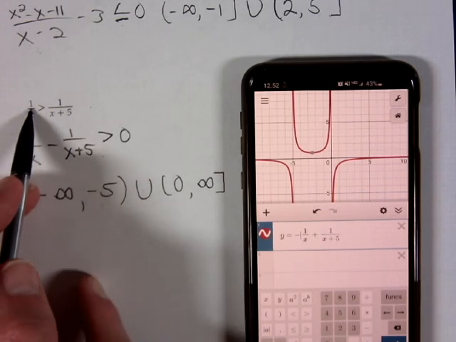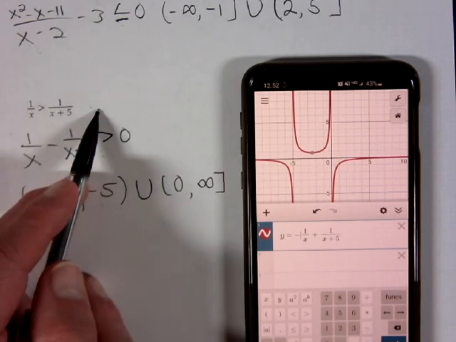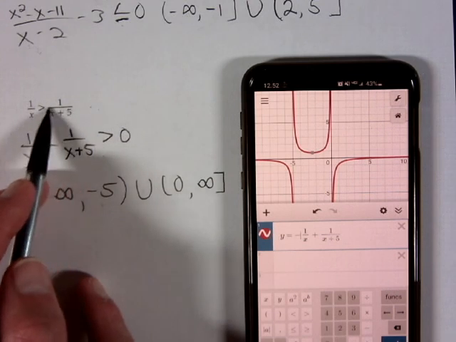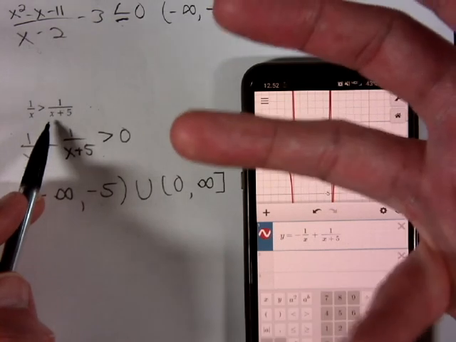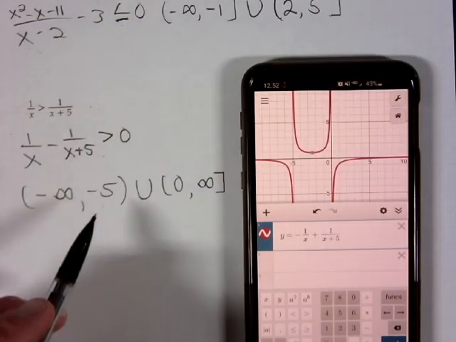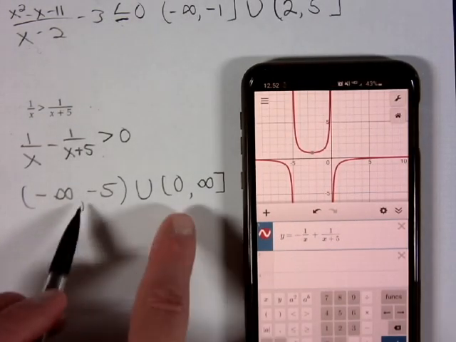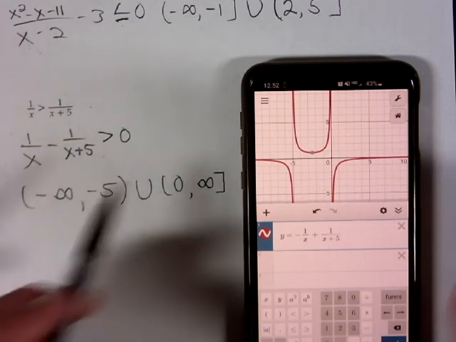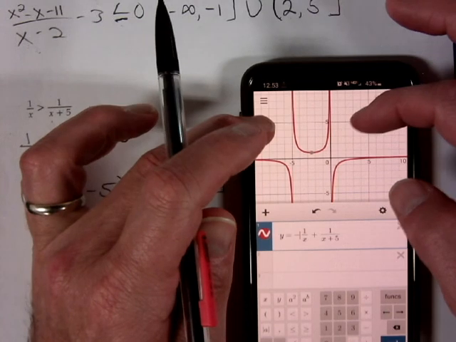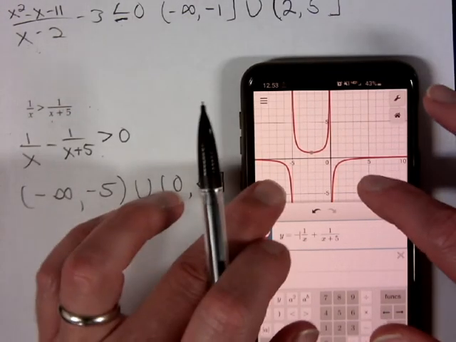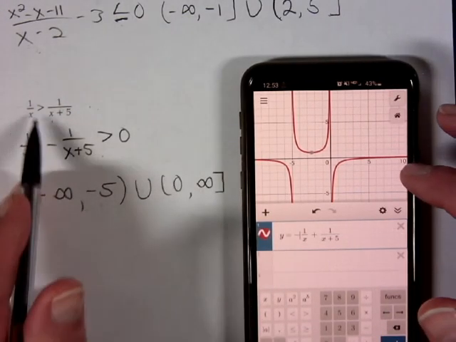If you move that over to this side, then you would be looking for the places where this is less than 0 instead of greater than 0. So yes, the graph flips, but also what you're looking for flips, so it would actually still be the same intervals. The intervals that were greater than 0 at first flip and now become less than 0 if you moved it the other way.